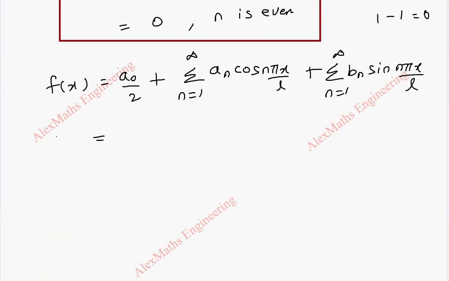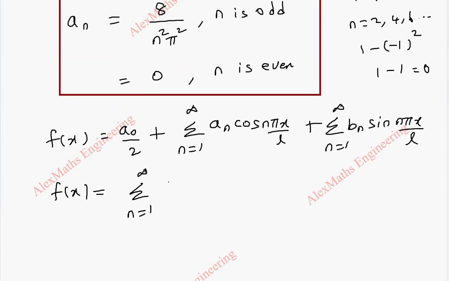So for f of x, we have only one term, that is summation n is equal to 1 till infinity an, which is 8 by n square pi square cos n pi x by L. But this exists only for odd. So instead of n is equal to 1, we have to write n equal to odd.